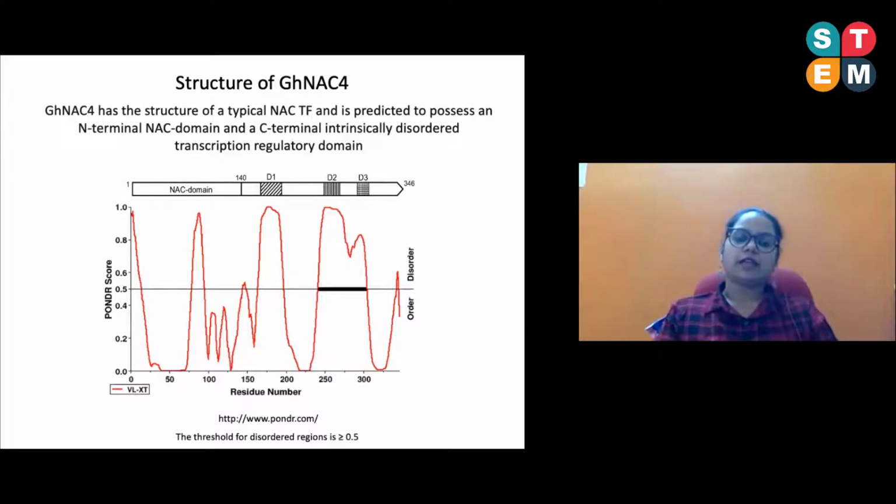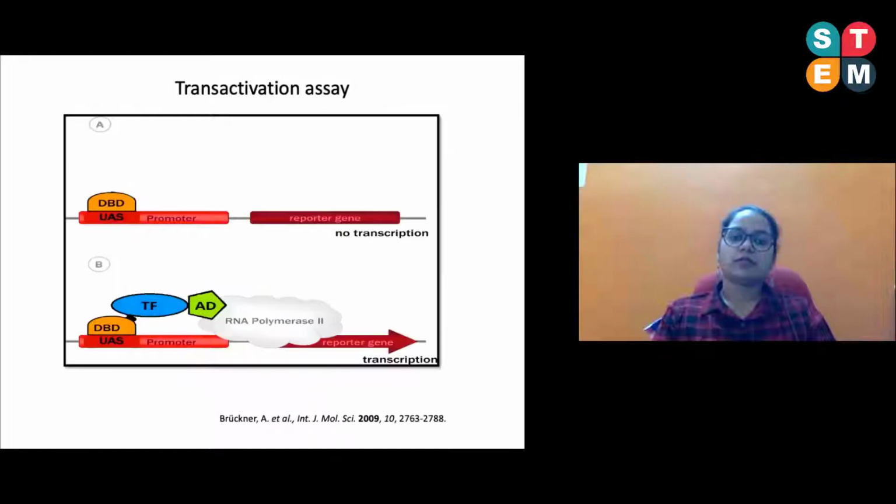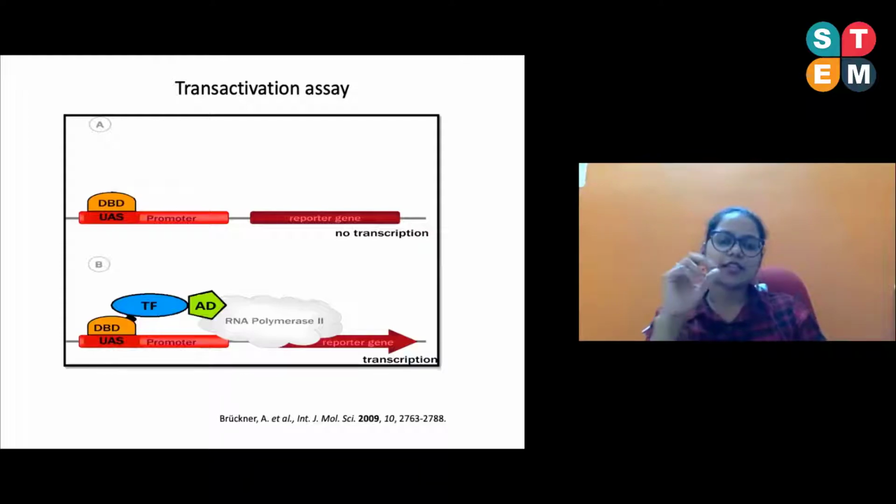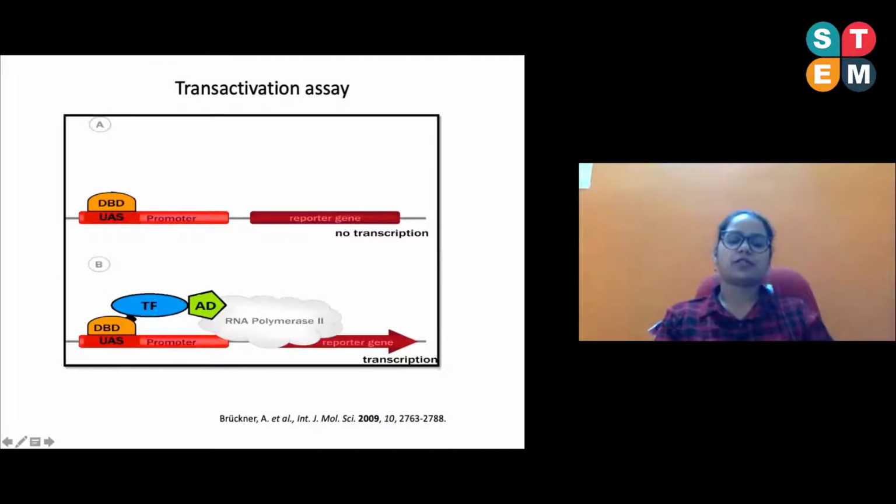So for that, to study if this particular protein GH-NAC4 acts as a transcription factor, we performed an assay called the transactivation assay in yeast. Now, what is this transactivation assay? In the transactivation assay, a protein of our interest is fused to the DNA binding domain of a particular protein called GAL4.